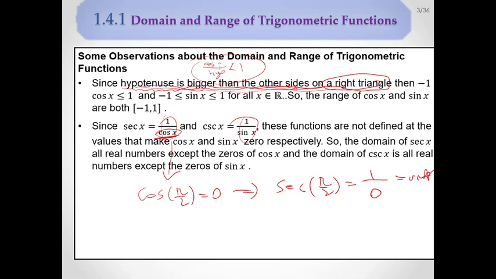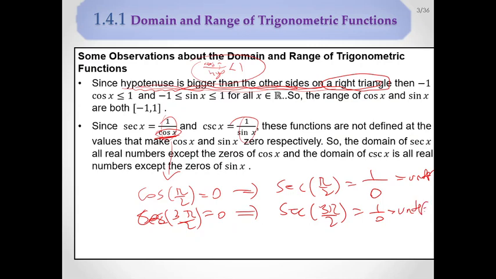And how about cosine of 3 pi over 2, which is 270 degrees? It's again 0. And when you put secant here, you get 1 over 0 again, which is undefined. As you see, the values that make cosine x equal to 0 are not accepted by secant x. So the domain of secant x is all real numbers except the zeros of cosine x.